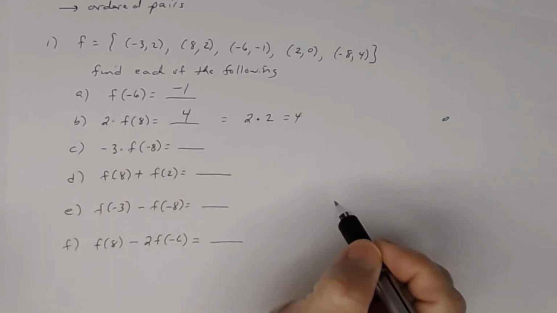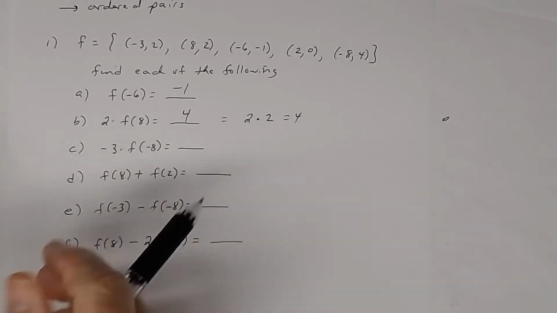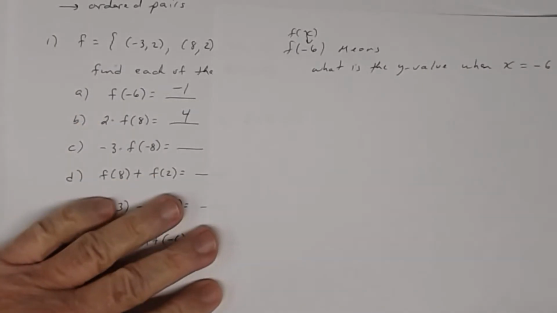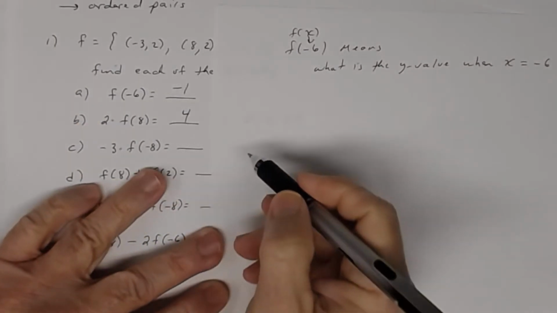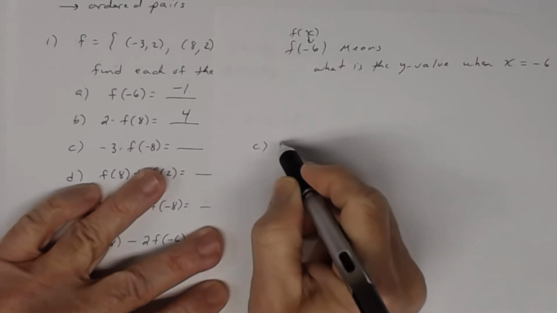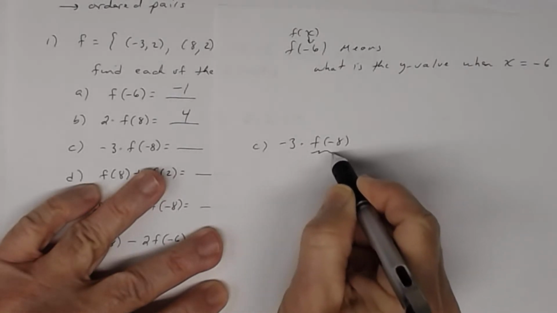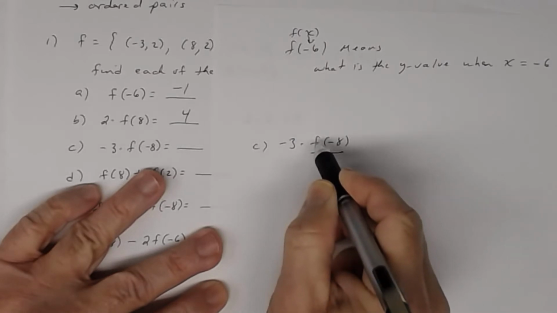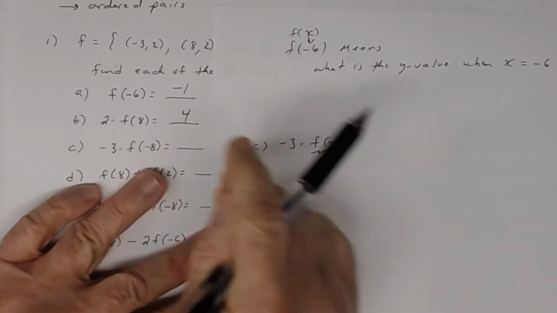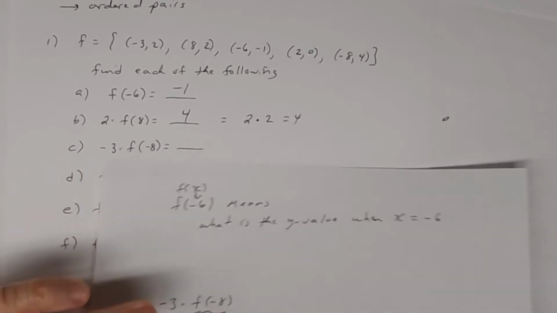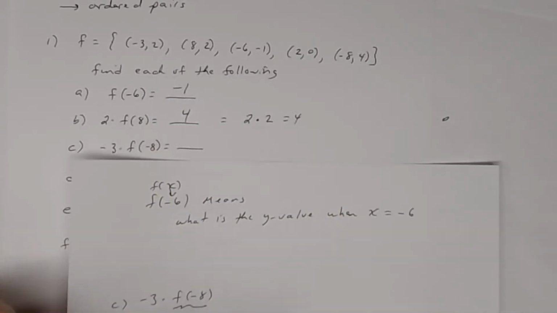Okay? Over here, so let me go ahead and just write it right here. So this is letter C. Letter C says negative 3 times f of negative 8. So we got to find this first. So remember, we got to go to function f. So here's my function f, which consists of these 5 ordered pairs.